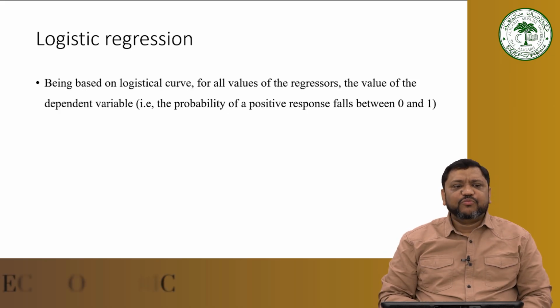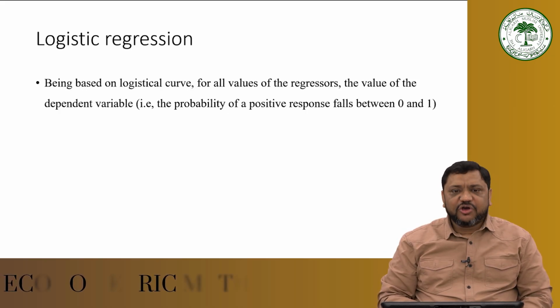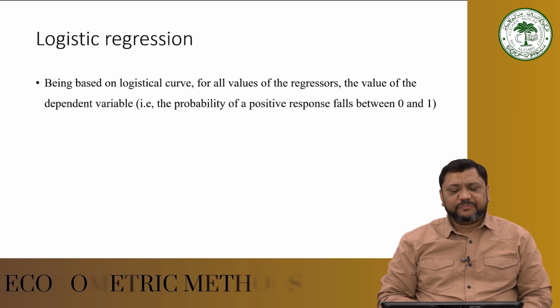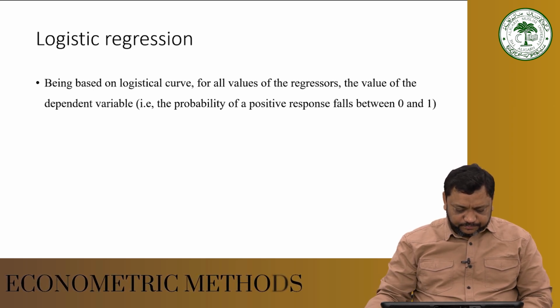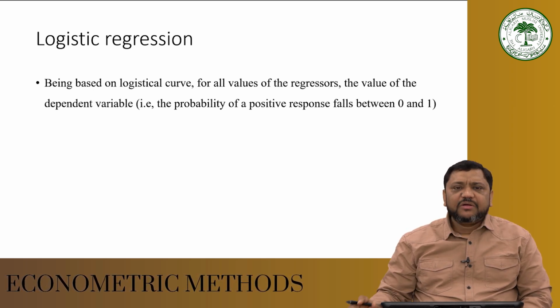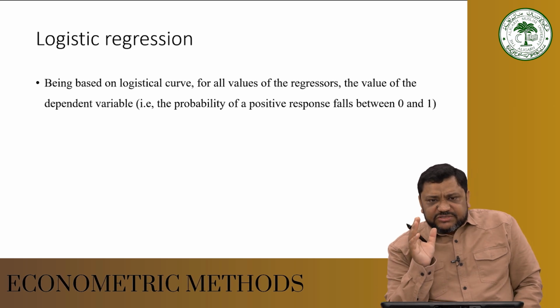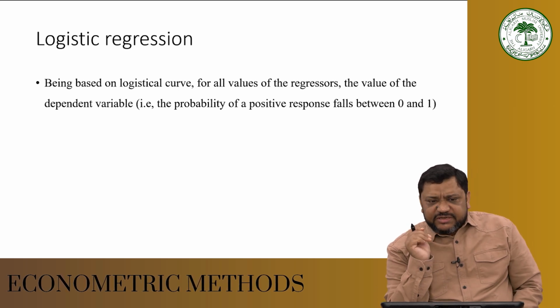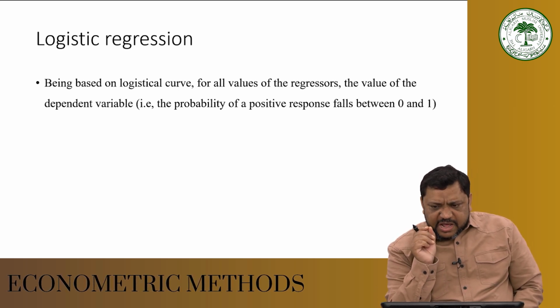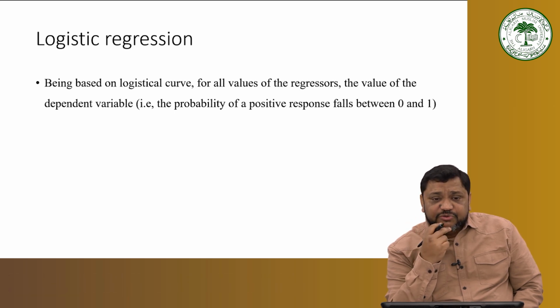So now we move on to the discussion on logistic regression. Logistic regression is based on the logistic curve, which is the same as a type of cumulative probability distribution.